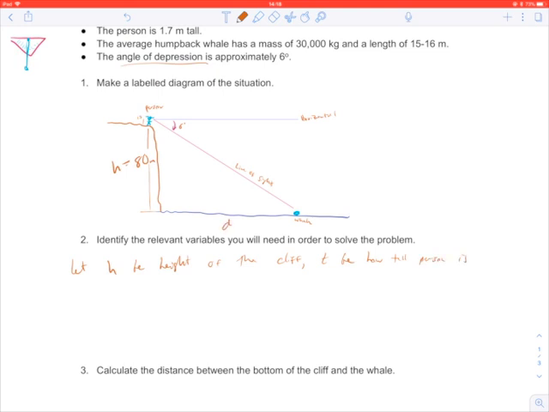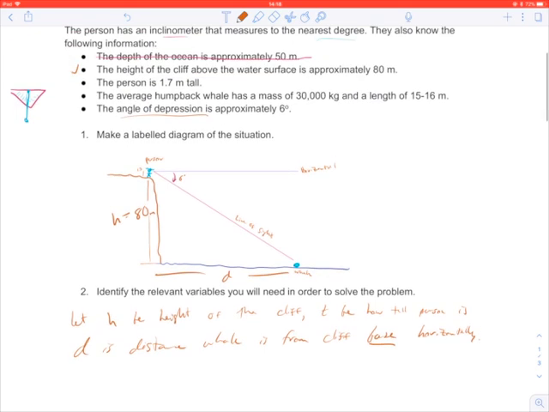Maybe d be the distance the whale is from the cliff base horizontally. What else?